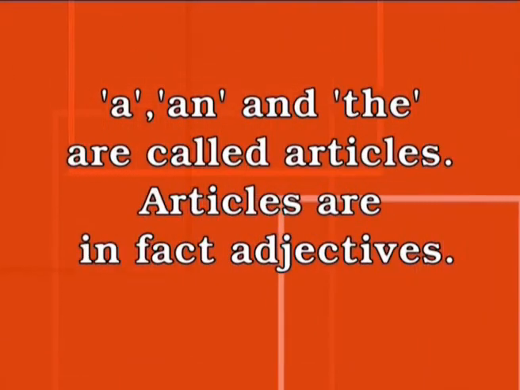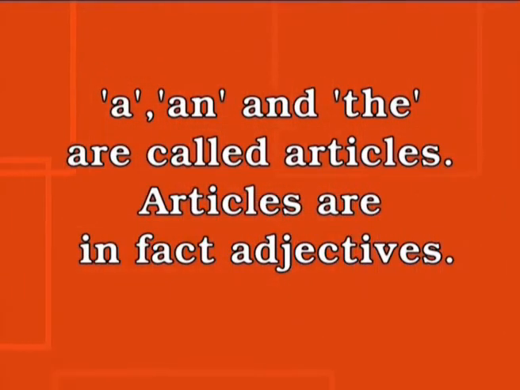Well, I'm sure you've done articles at some point of time in school and you all know what articles are. Articles are a, an and the. We shall today know how and when which article needs to be used, and if we need to know that, we need to also know which are the different types of articles.